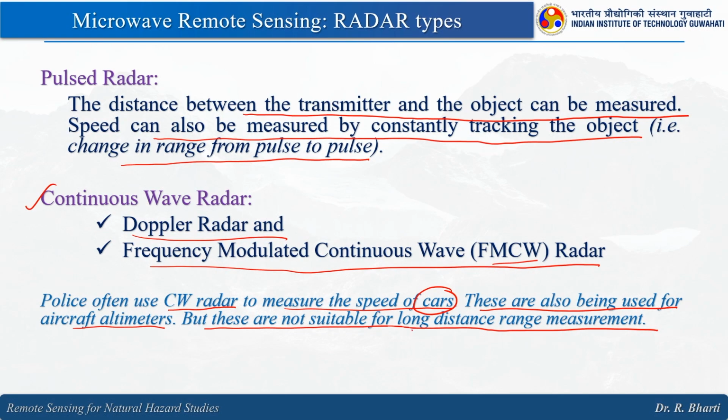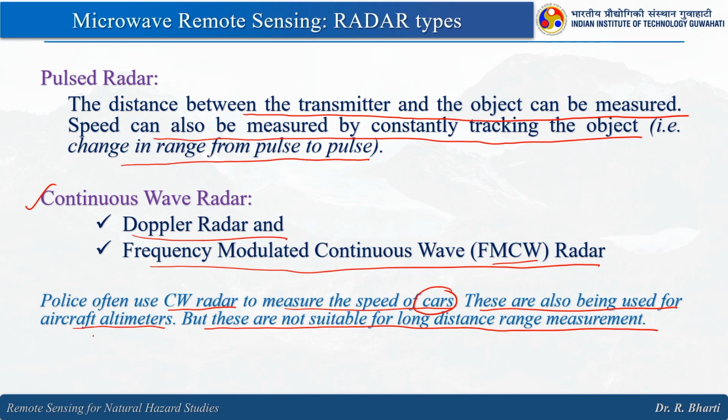At traffic signals you will find many such cameras, and based on them your speed is calculated and people are charged a penalty. These are also used by aircraft. Their altimeter works with this continuous wave radar, and it is very precise, so you will find at what altitude your aircraft is flying.